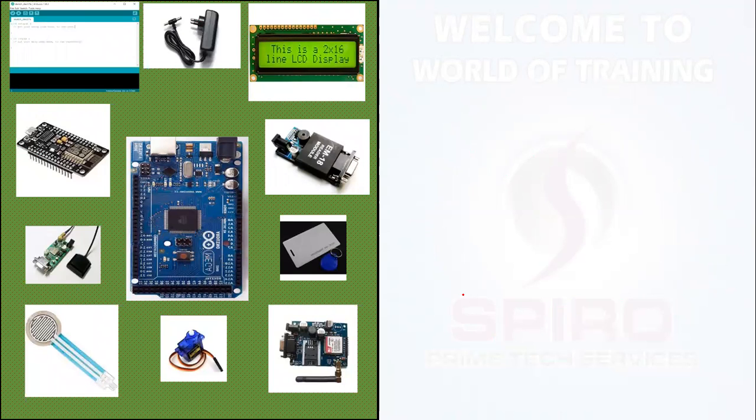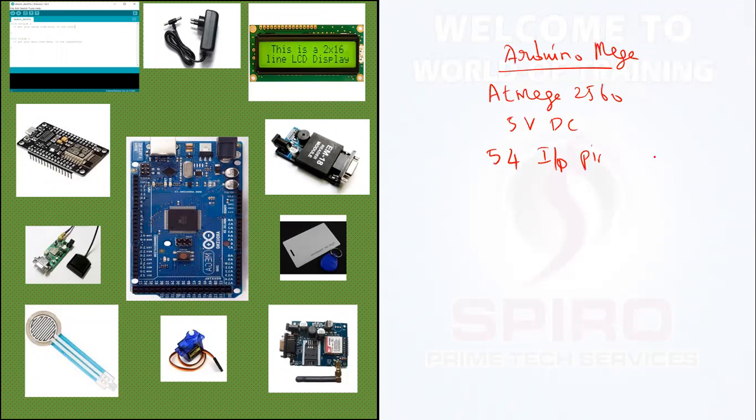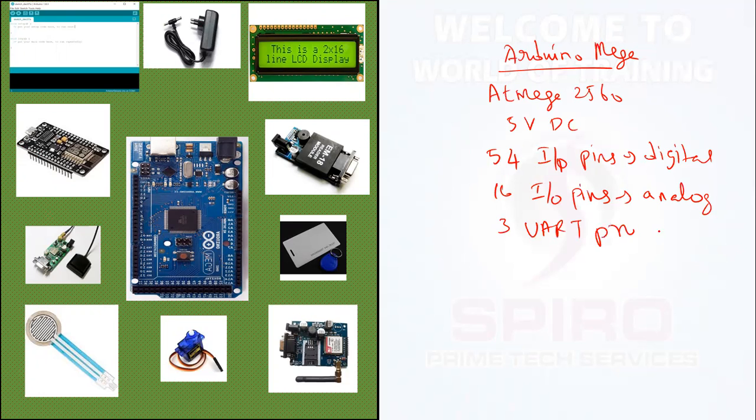Hardware components used in the project: first, Arduino Mega microcontroller, IC ATmega2560, operating voltage is 5 volt DC. It consists of 54 digital input output pins, 16 input output pins for analog, and 3 UART, that is transmitter and receiver serial communication.